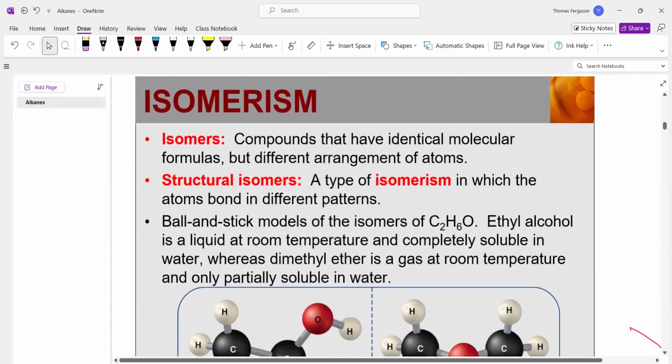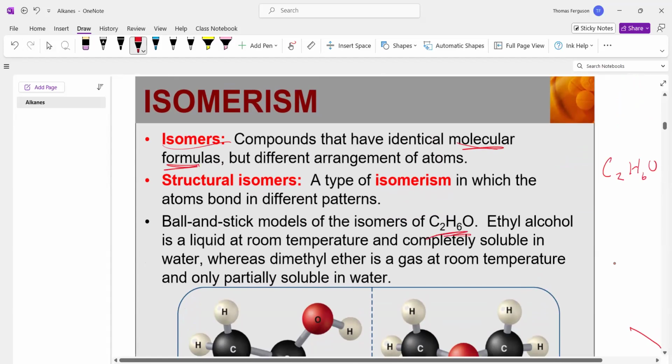Now, we're going to run into this concept called isomers a lot in this class. And there are different kinds of isomers. But basically, and this is important, isomers are compounds that have identical molecular formulas. Like the C2H6O.